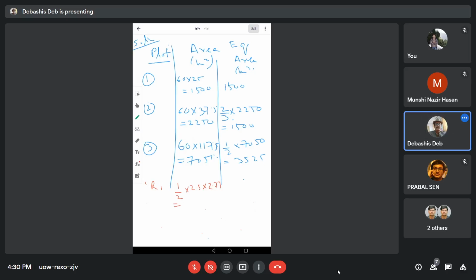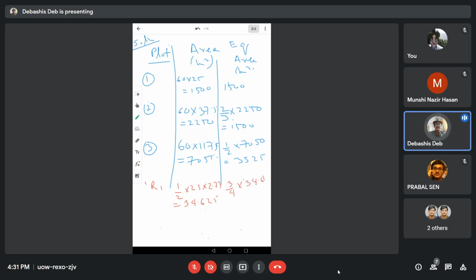R1, 34.625. Then equivalent area will be, since it is recess land, it will be 3/4 into 34.62.